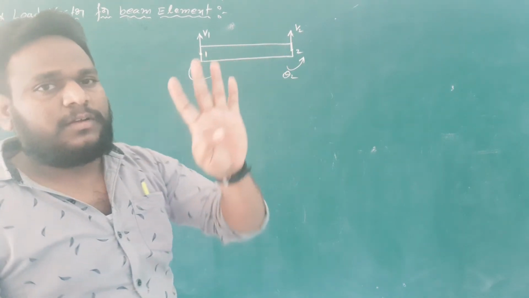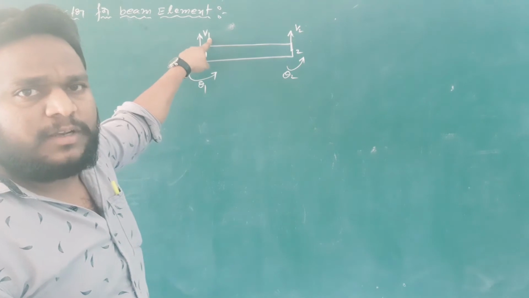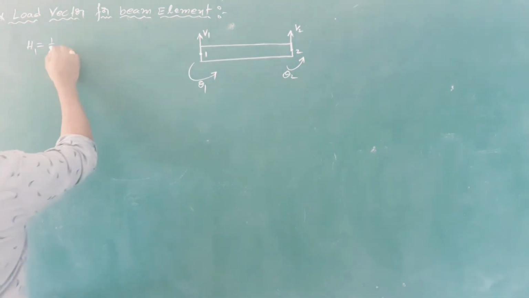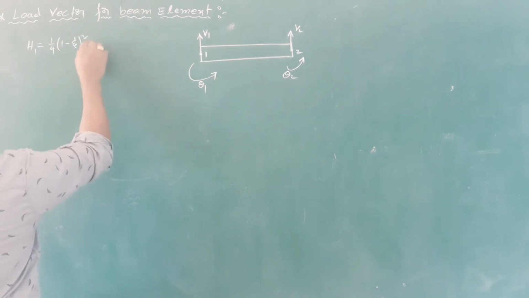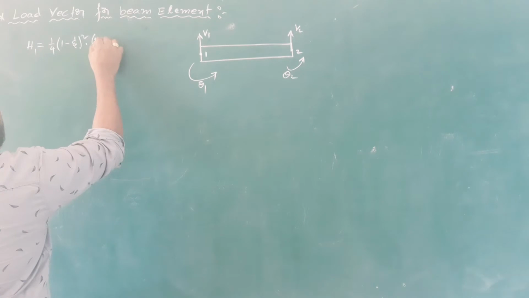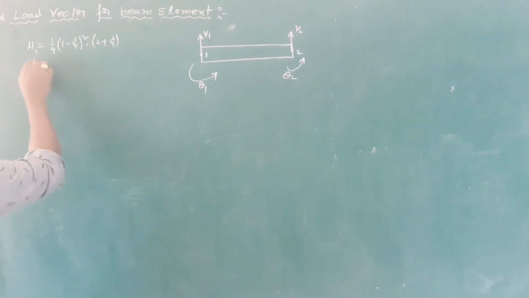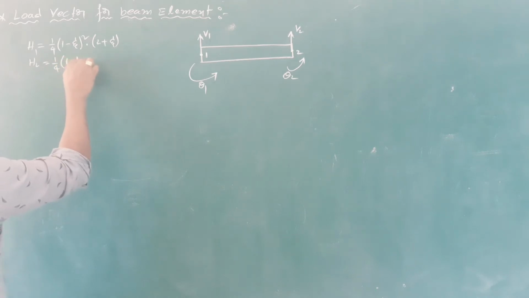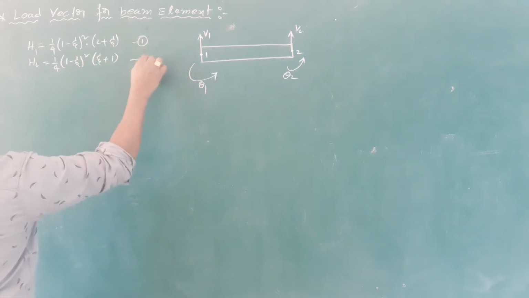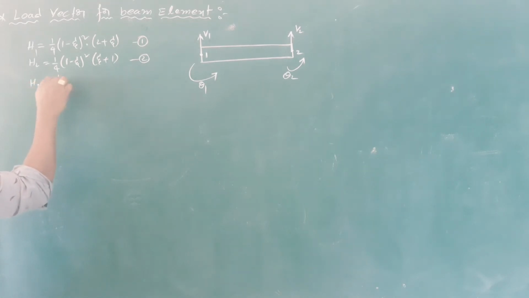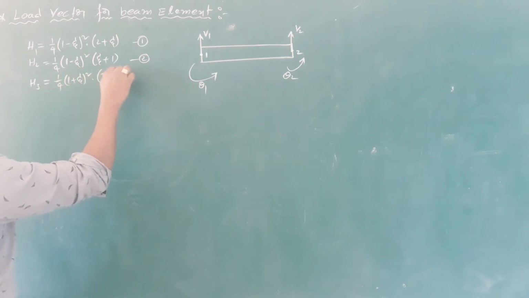Because of this, we got four Hermite shape functions. h1 belongs to the linear displacement V1: h1 is 1/4 of (1 minus j) whole squared into (2 plus j). h2 is 1/4 (1 minus j) whole squared into (j plus 1). h3 is 1/4 of (1 plus j) whole squared into (2 minus j).